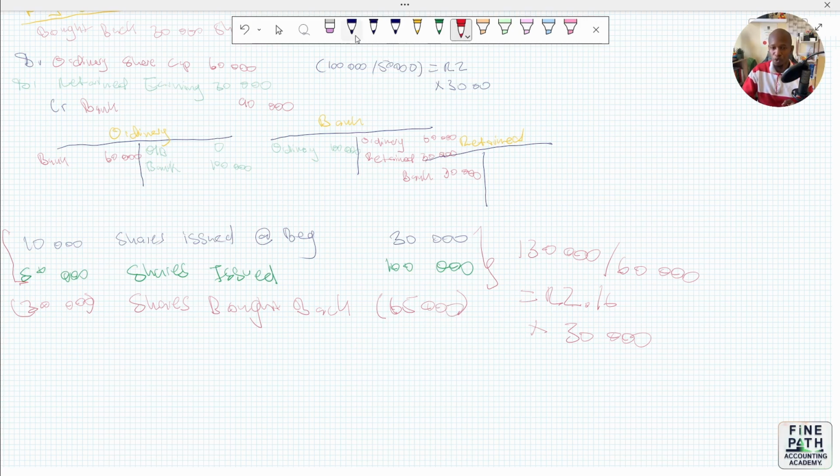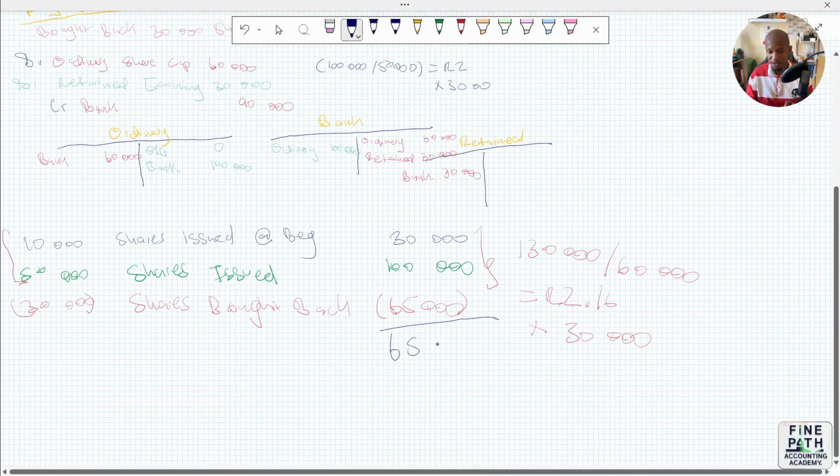And then we need our closing balance there. Our closing balance would be that 30,000, plus the 100,000, minus the 65,000. So 30 plus 100 minus 65 leaves us with 65,000 again.